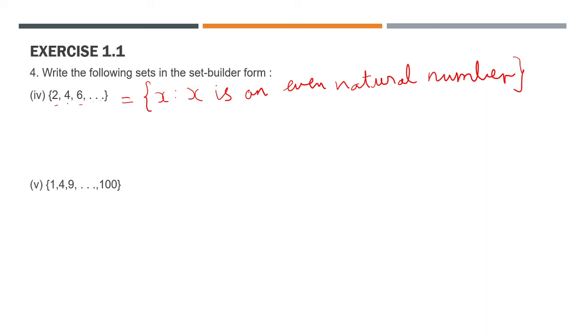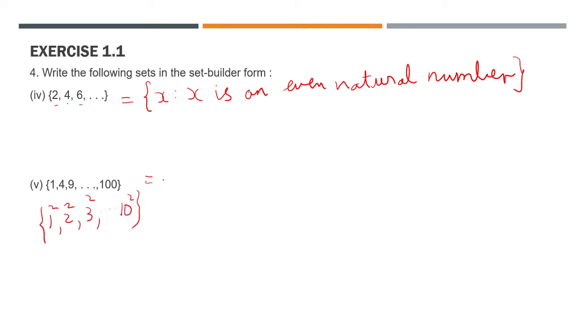Next one is 1, 4, 9 up to 100. Here all these are square numbers. First one is 1 square, then 2 square, then 3 square, up to 10 square, which is 100.